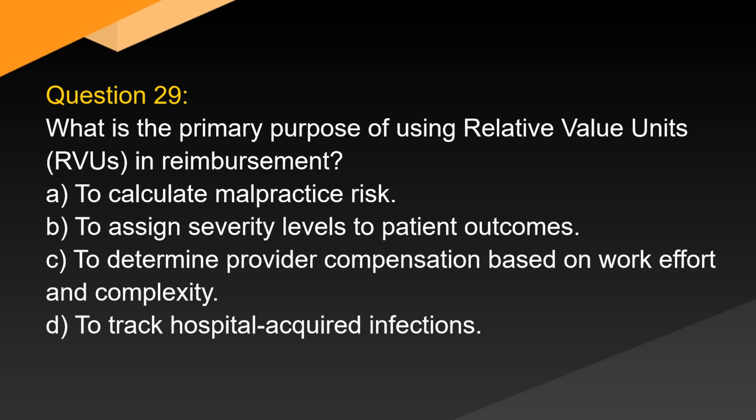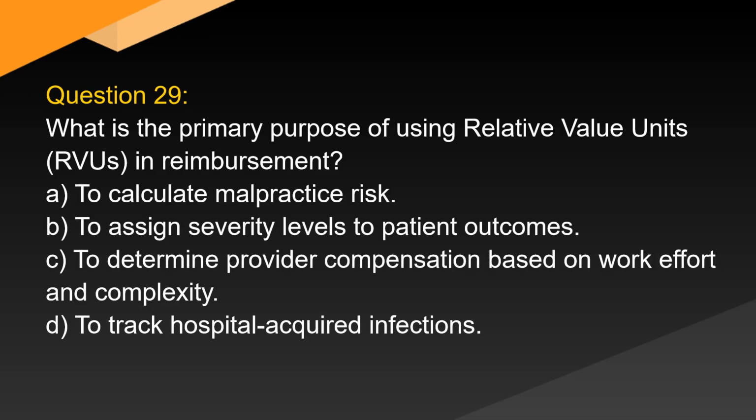Question 29. What is the primary purpose of using relative value units, RVUs, in reimbursement? A. To calculate malpractice risk. B. To assign severity levels to patient outcomes. C. To determine provider compensation based on work effort and complexity. D. To track hospital-acquired infections.